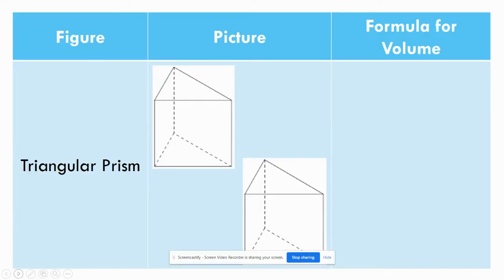So today we're going to specifically focus on triangular prisms. Once again, prisms that have triangles for bases. I have two different diagrams here that I want to share with you, because remember, when you have a triangle, it is going to be important that we have right angles in our triangle.